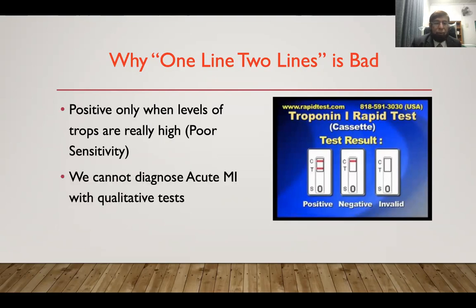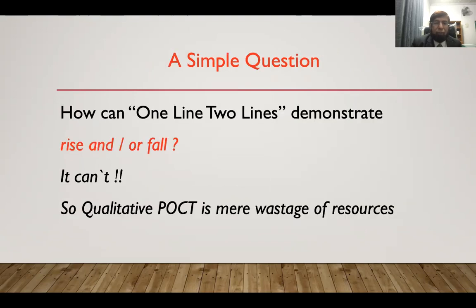We cannot diagnose acute MI with qualitative tests. Why do we require a quantitative test? Because how can one line or two lines demonstrate a rise and fall? We have seen in our definition that troponin increasing or decreasing, or both, is essential for the diagnosis.